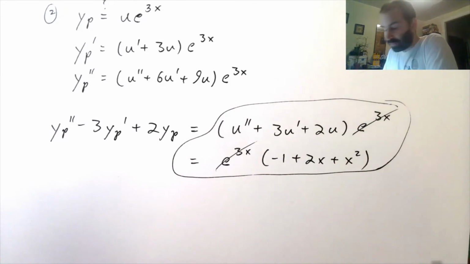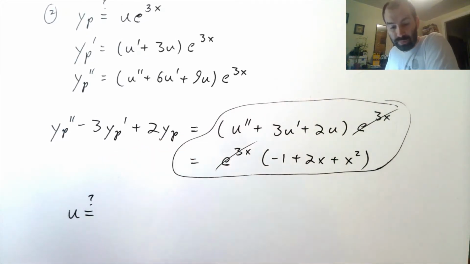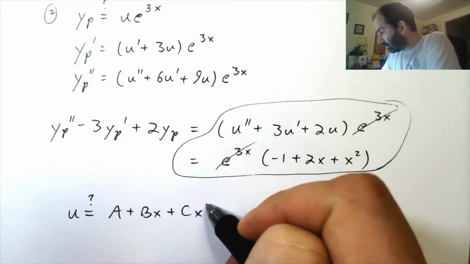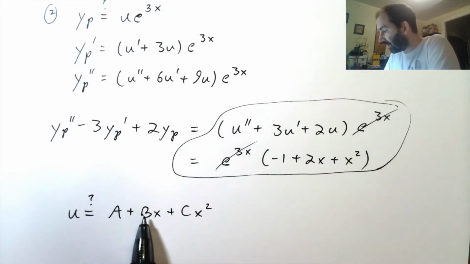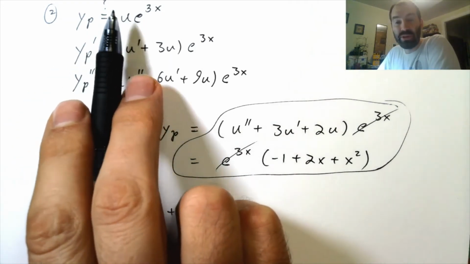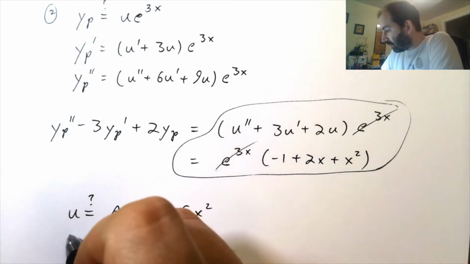So I'm going to try letting u be the polynomial a plus bx plus cx squared. And let's see if we can find the a, b, and c that would make this work. If we can find numbers a, b, and c, then we've got our particular solution, because that'll be the u. Okay. So if I'm going to plug it in here, I need to compute the derivatives.